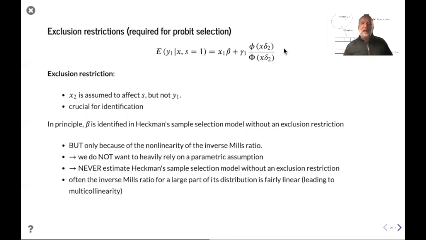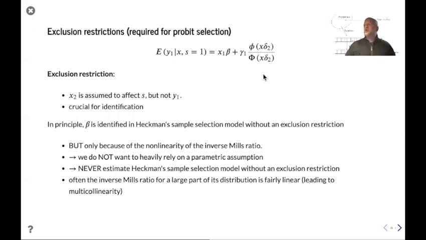Okay, now if you were to estimate this in the first step and include x1 here only and not have an exclusion restriction, so remember, x is a collection of both x1 and x2, so if you had no x2, so that it just said x1 here, well, then there's a good chance that these two regressors are going to be correlated.